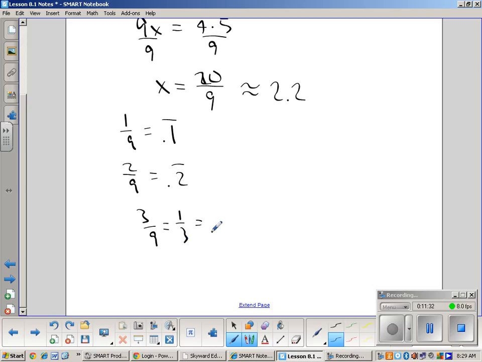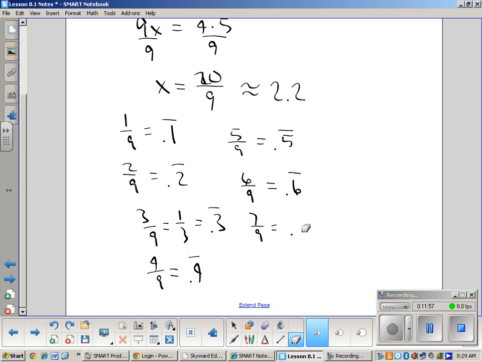And that's going to be 0.3 repeating. 4 ninths is, what do you think? 0.4 repeating. 5 ninths, 0.5 repeating. 6 ninths, same as 2/3, 0.6 repeating. 7 ninths is 0.7 repeating.